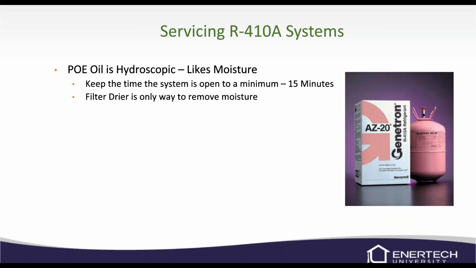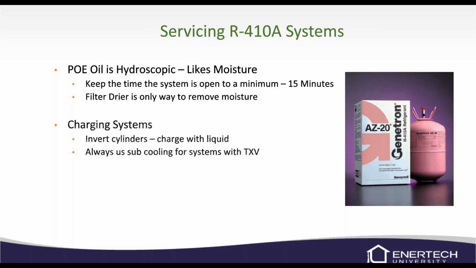With the 410, with the higher pressures and the POE oil, if we don't braze with nitrogen, it tends to scrub the walls of the refrigerant lines, and it breaks all that black soot loose, and it takes it right back to the TXV, and it restricts the TXV. It can also plug up your filter dryers as well, but the easiest way to not have that happen is to make sure you always braze with nitrogen and to cut out all of your components.